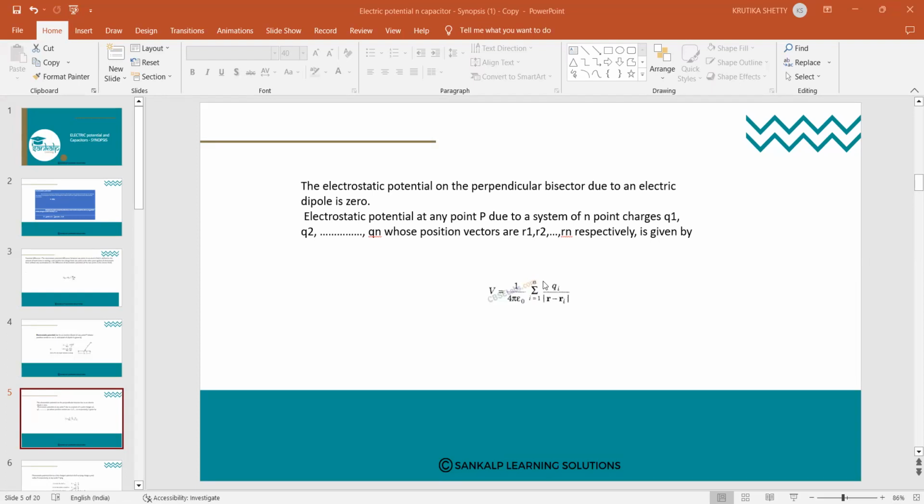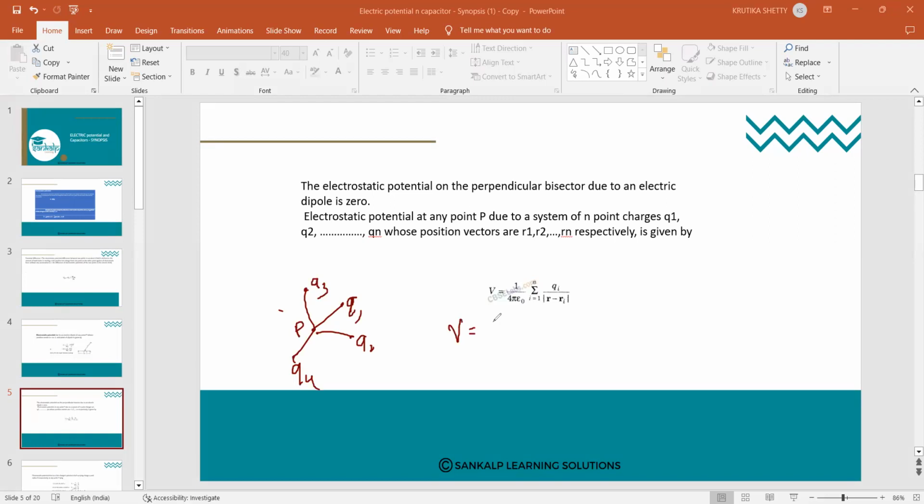We were discussing the electric potential for n number of charges. This is Q1, that is Q2, this is Q3, and this is Q4. This point P is surrounded by n number of charges.